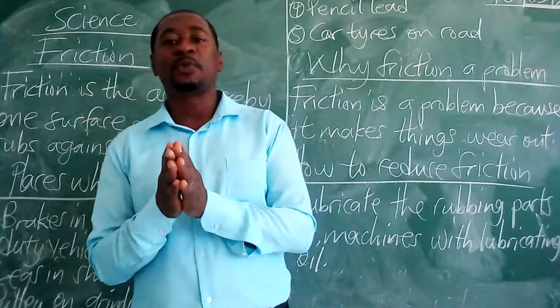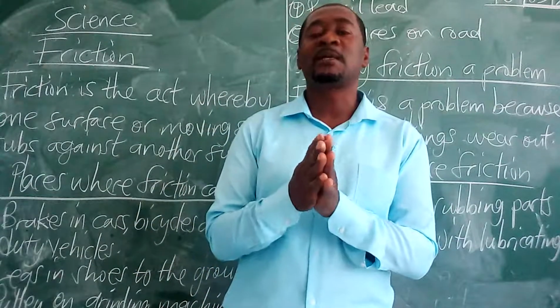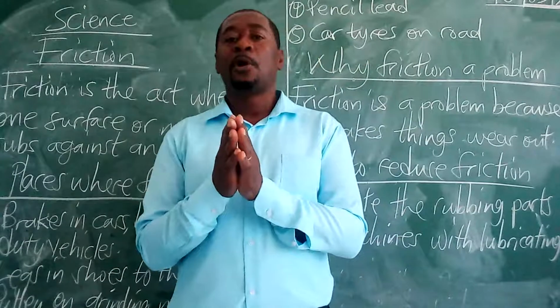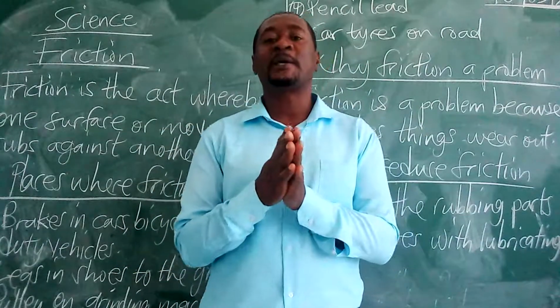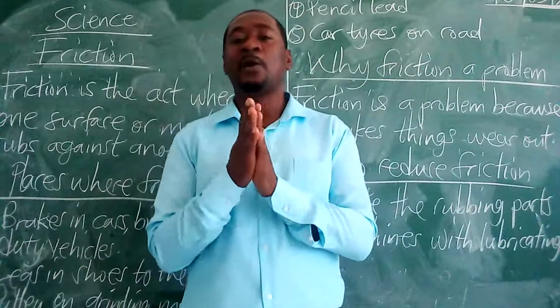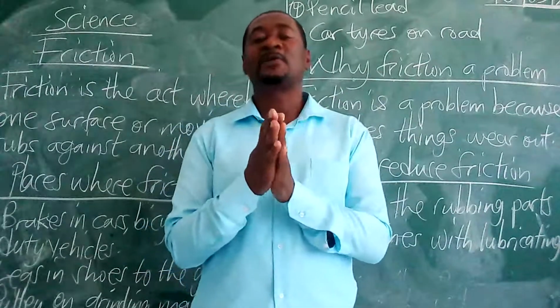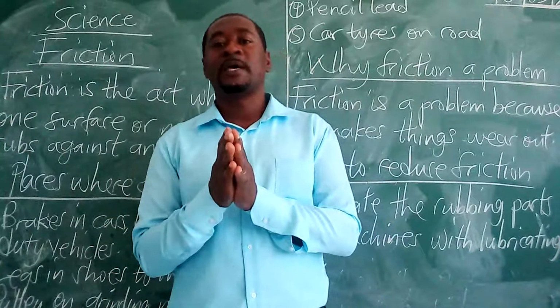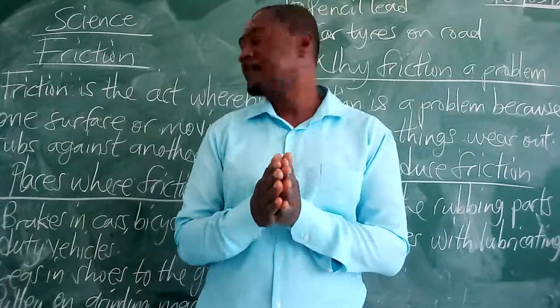That's why people using cars, bicycles and heavy duty cars often check their brakes to see whether the surfaces are okay, because as they rub each other, sometimes they get worn out, and if you didn't change them, sometimes you apply the brake and it will not work.